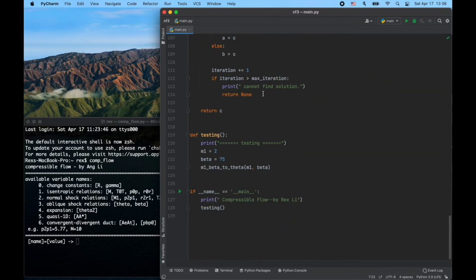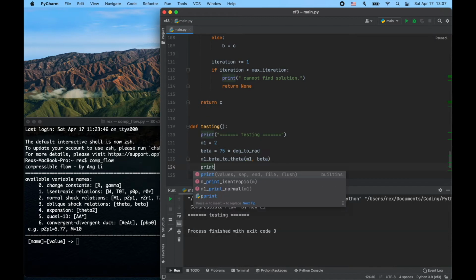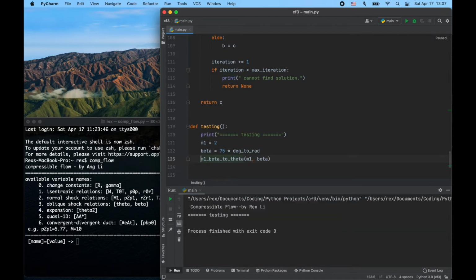Just like that. So everything here is simply beta times degree to radian. All right, run it. Print this out. And yeah, we have to convert it back to degrees.